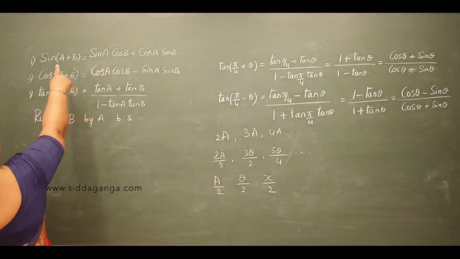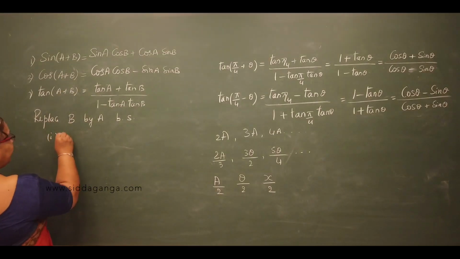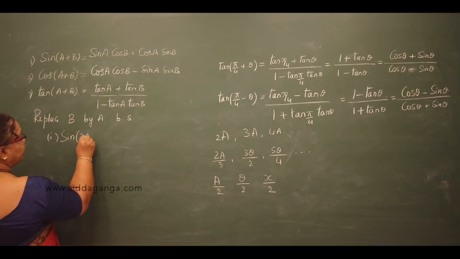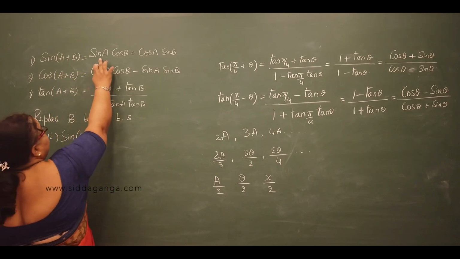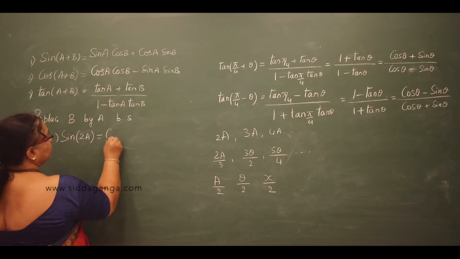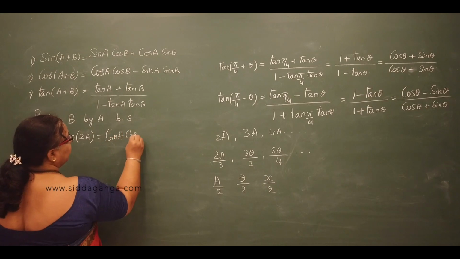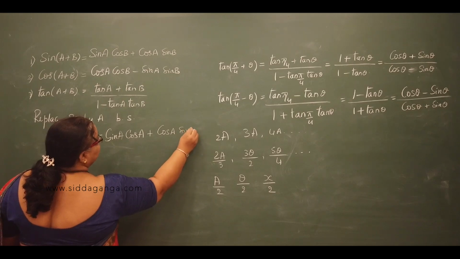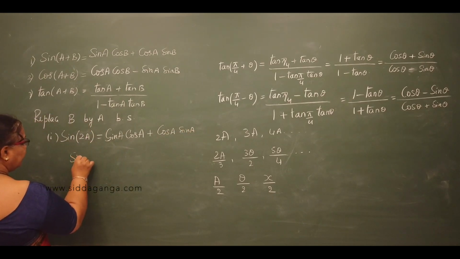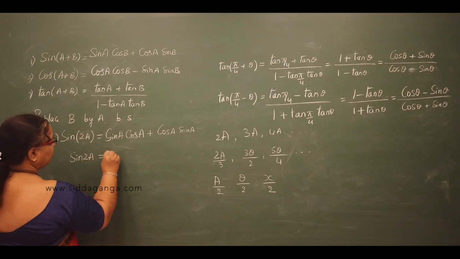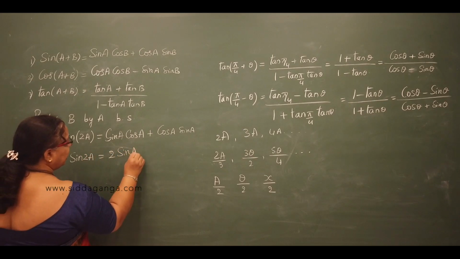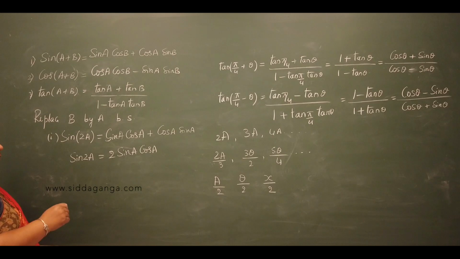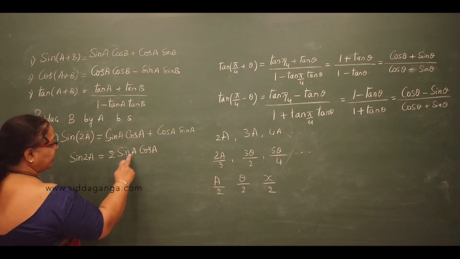First one is sine of A plus A, which is equal to 2A. Then it is equal to sine A cos A plus cos A sine A. So therefore sine 2A is equal to 2 times sine A into cos A. This is the formula expressed in terms of sine and cos.